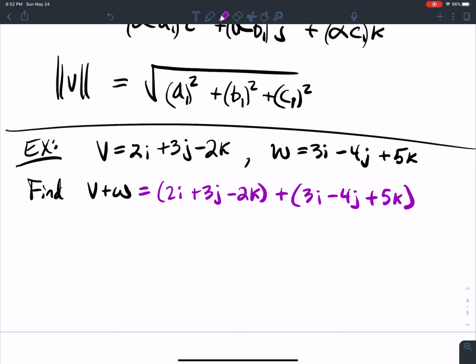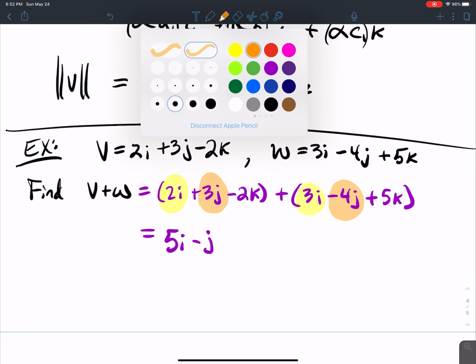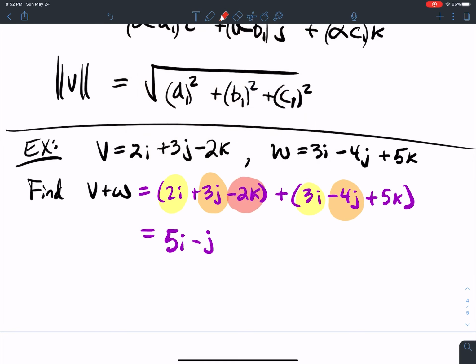Add the components that go together. So 2i and 3i make 5i. Okay. 3j minus 4j gets me minus j. And then negative 2k and 5k make plus 3k. Okay, no big deal for that one.